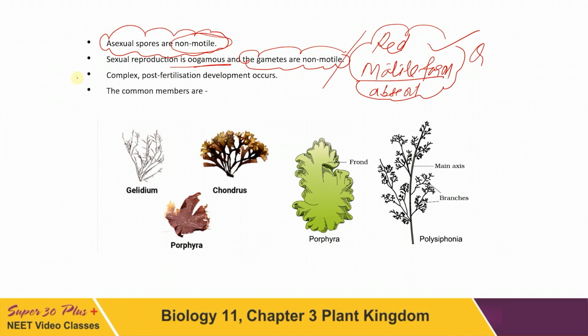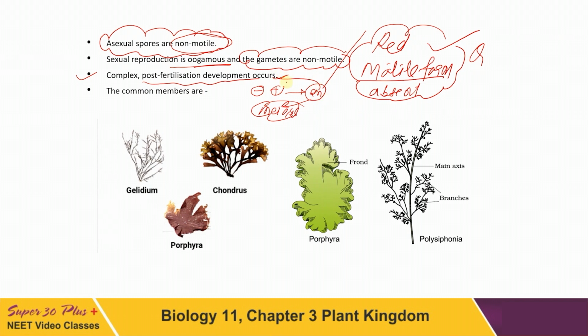Very important point: the zygote is formed when the two gametes, so-called minus and plus, fuse, and the 2n zygote structure is formed. In all other forms the zygote divides by meiosis at once. But here in this case, post-fertilization development is there.